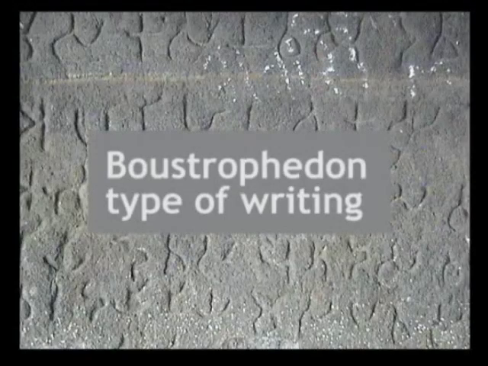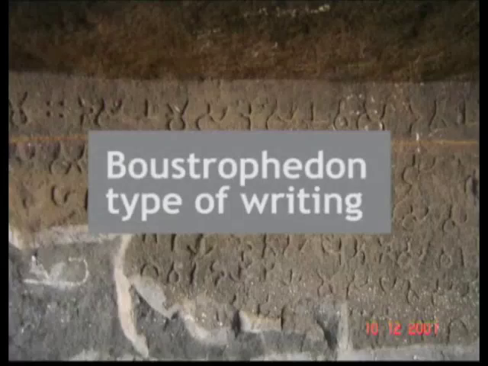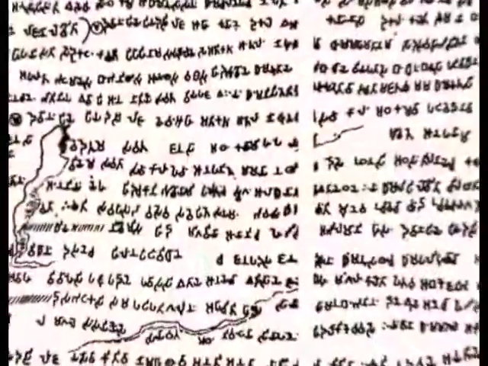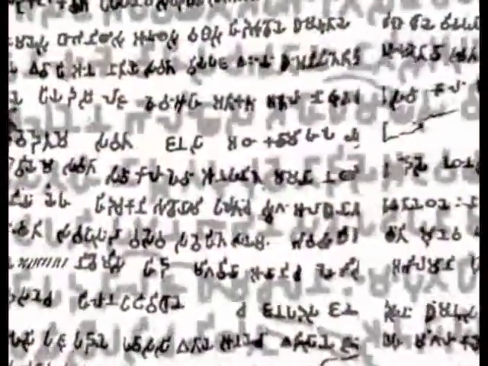This is called Boustrophedon type of writing. They think that only at a late date, Brahmi came to be written exclusively from left to right. However, the controversy over the direction of writing in Brahmi is still current. We have to wait for the final answer to come.